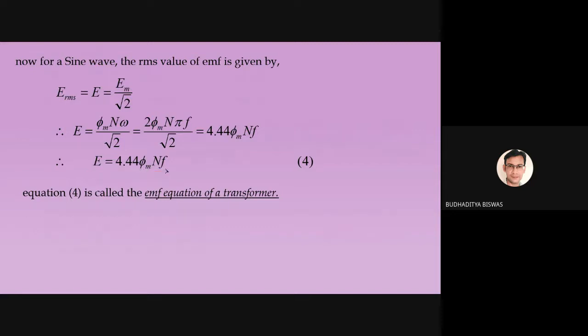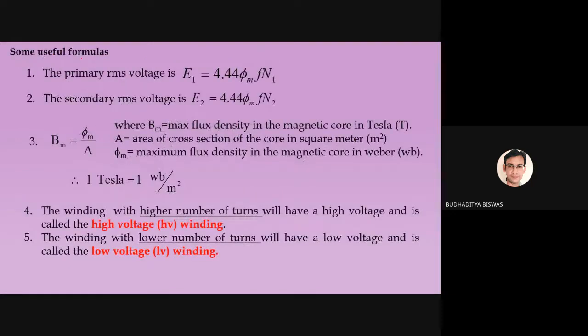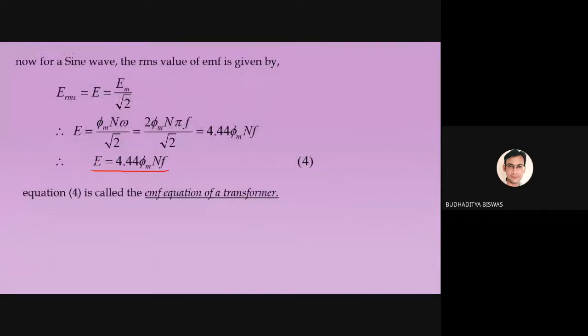Now some useful formulas. After you derive this, just put the subscripts 1 or 2 for the primary or secondary quantities, and you will get all the RMS voltages. Like the primary RMS voltage E1: 4.44, phi m remains constant because phi m is constant for both windings. So which will change only in this equation for the primary quantities? The number of turns.